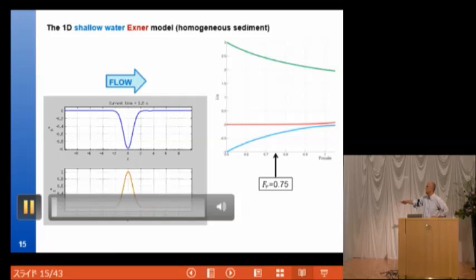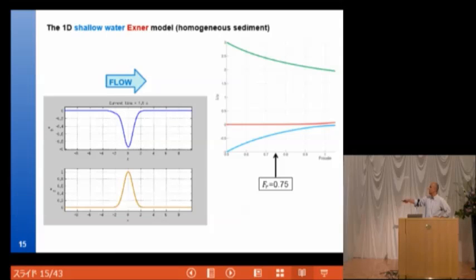It's working? Yeah. Then at a certain point you see a wave traveling in the upstream part, and then you see that the bed is slightly moving in the downstream direction. Okay?